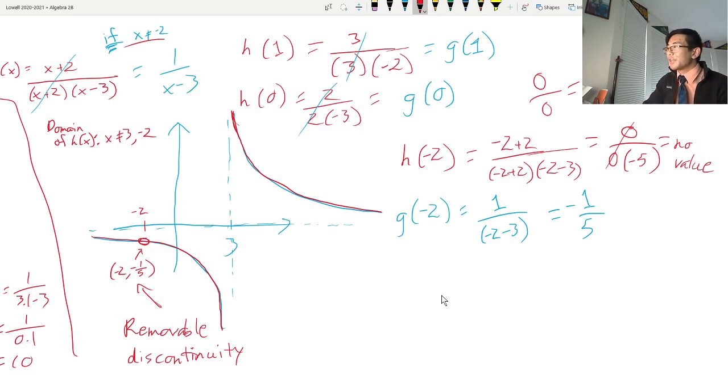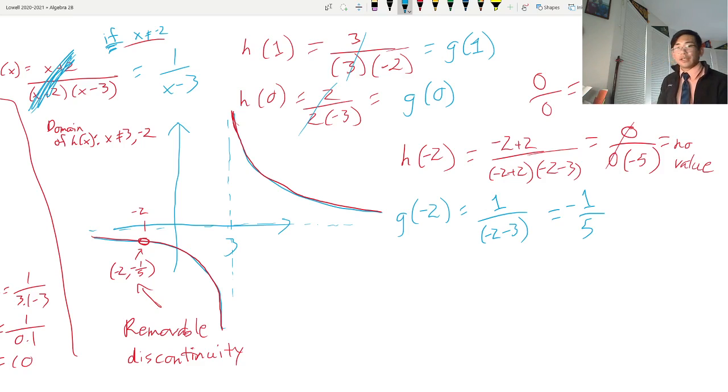Well, it's a discontinuity because it makes your graph not continuous. There's a break in the graph or a hole in the graph. Right? A vertical asymptote, by the way, is also a type of discontinuity because it breaks the graph into another piece. We call it removable because we essentially removed it by canceling out the x plus 2's. So that's why it's called removable discontinuity. Basically means that it's a hole in the graph.